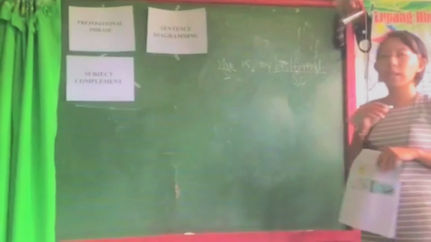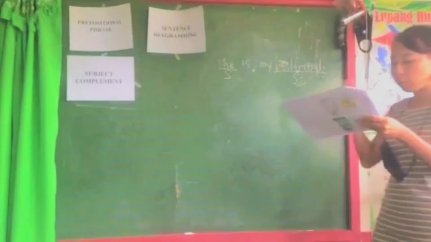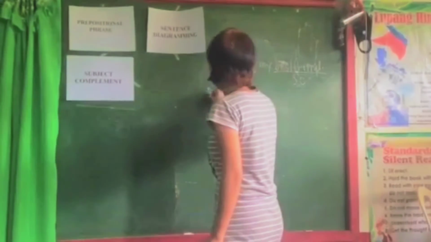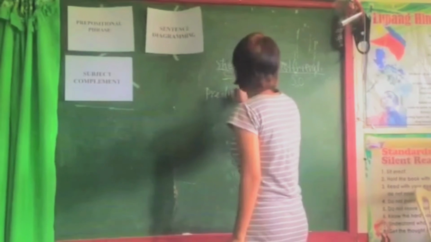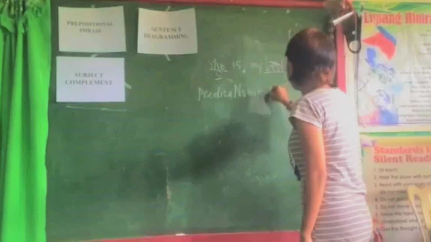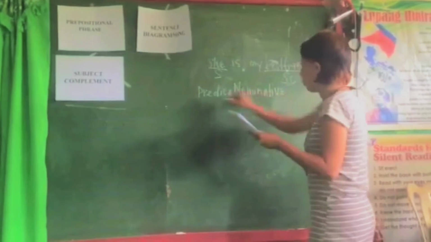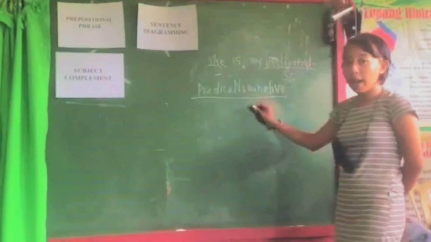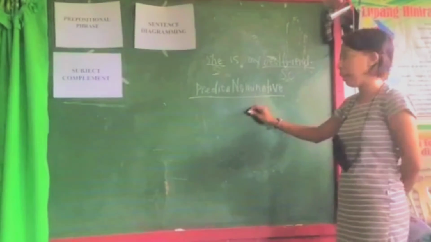Now, we have two types of the subject complement. The first one is the predicate nominative. It is a noun or a pronoun that comes after the linking verb.